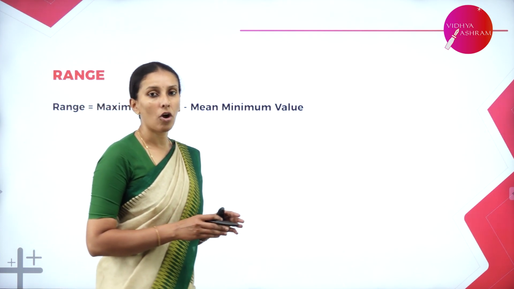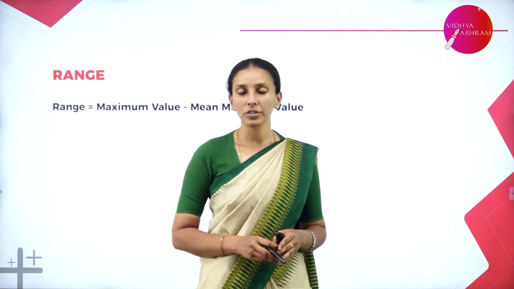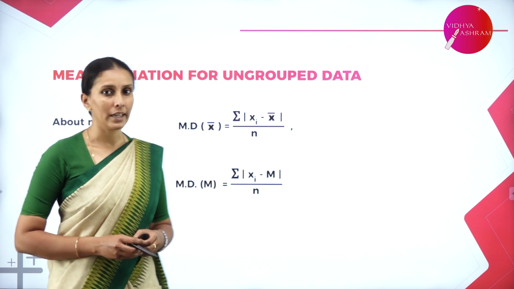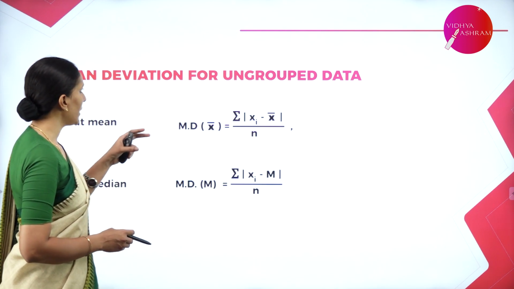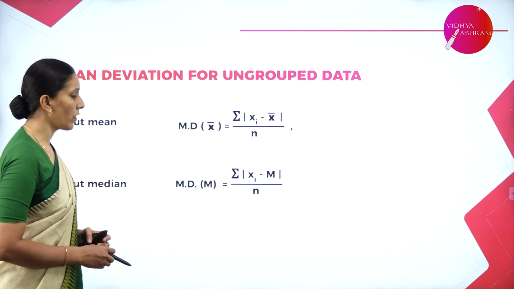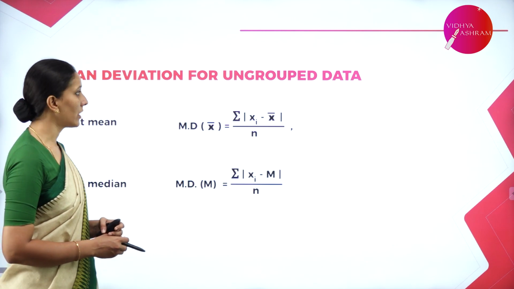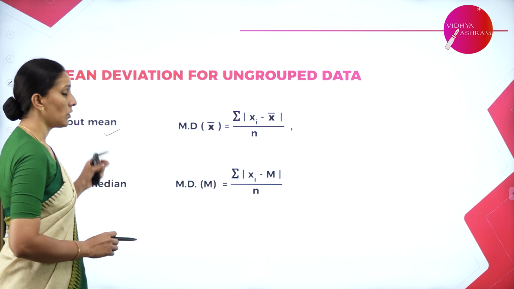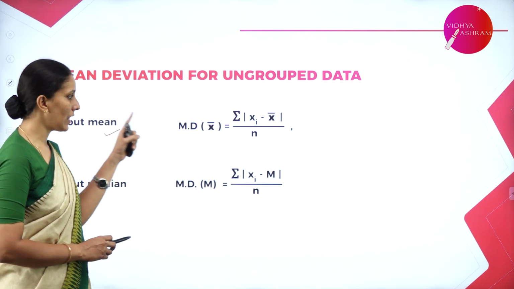Here, we will not be learning about the quartile deviation. We will start studying the mean deviation of the given data. So, we have mean deviation for ungrouped data. Here are the list of formulas we are supposed to use to calculate the mean deviation. One is with the help of mean. How to calculate mean deviation with the help of mean?